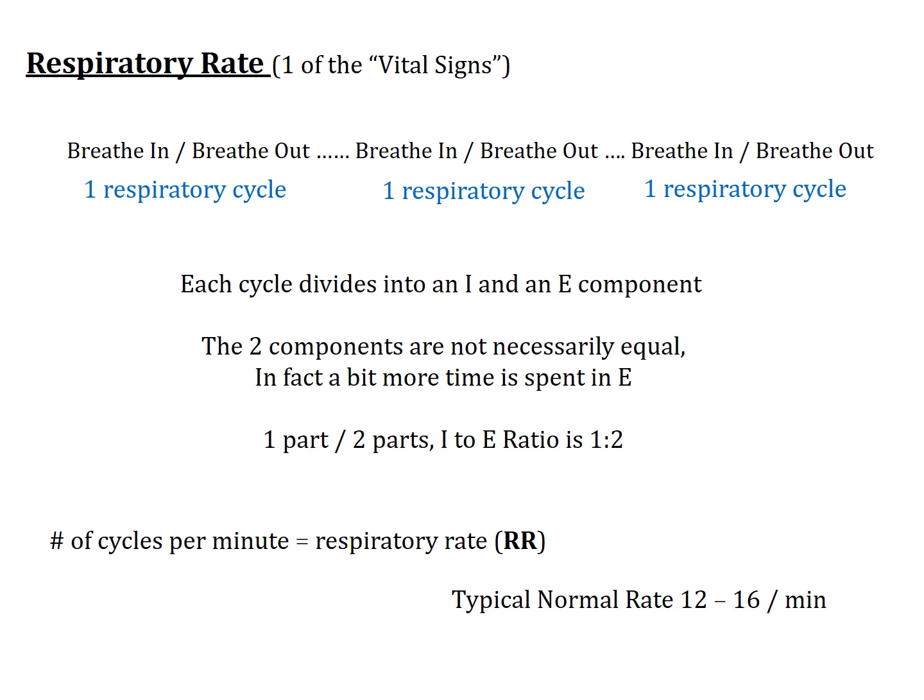You need to give them some time to exhale. So remember that the normal physiologic inspiratory to expiratory ratio is about 1 to 2. And the number of cycles per minute equals your respiratory rate. Typically at rest, an adult should be breathing somewhere between 12 to 16 cycles per minute.